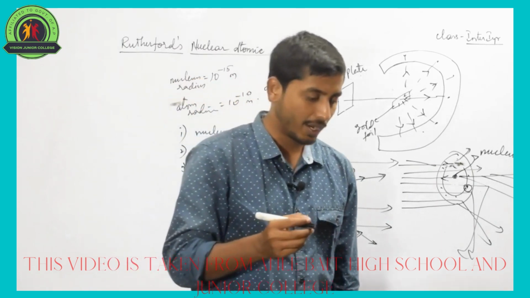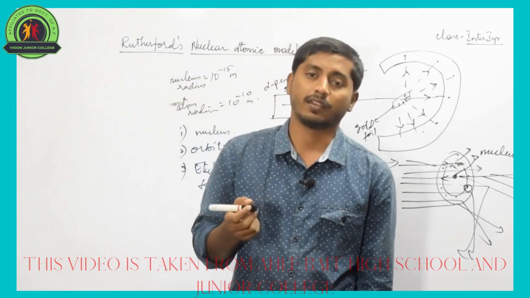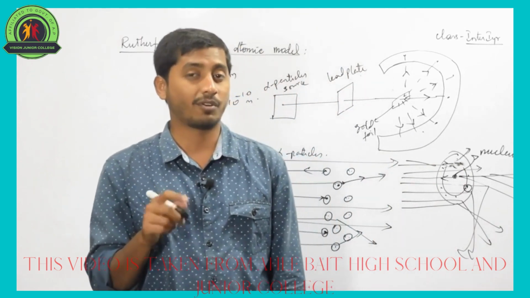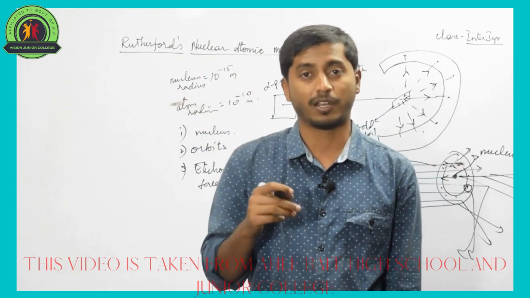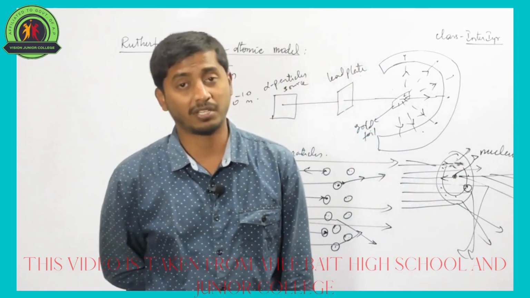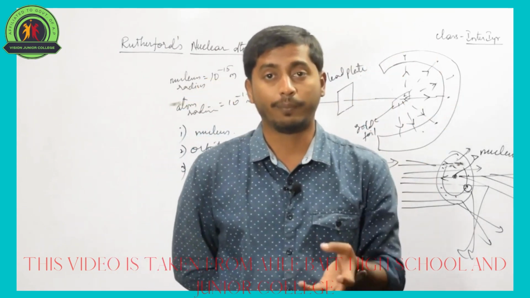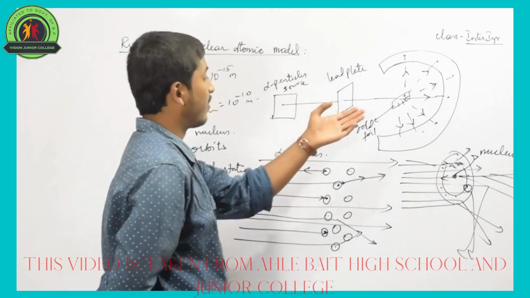Now let us discuss the defects of Rutherford's model. When we started the discussion about Rutherford, we could find that there are a few defects in Thomson's model, right. What did Thomson tell? Thomson told that the whole atom consists of a positive charge, right. What did Rutherford tell from his experiment?